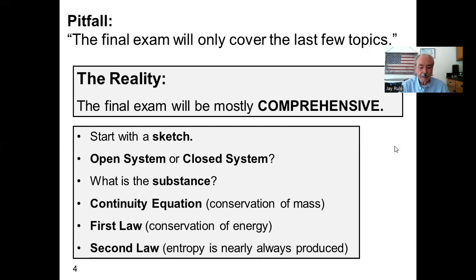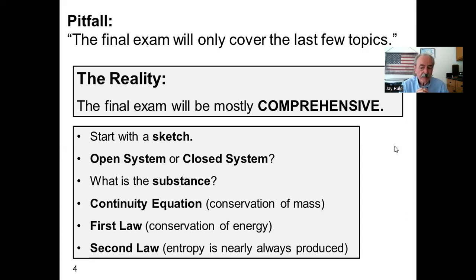That sketch might be a sketch of the equipment. It might be a PV diagram. It might be a TS diagram, or some combination of those. Then you ask yourself, what's the substance I'm working with? That helps you go through that decision tree of, do I have an ideal gas? Do I have a phase change substance?